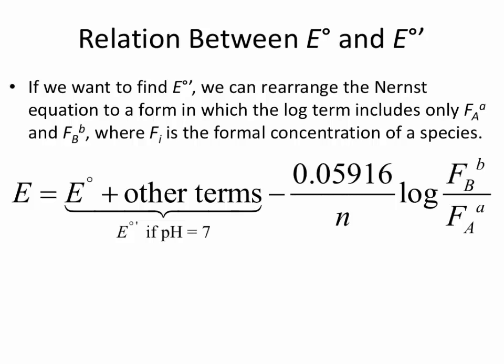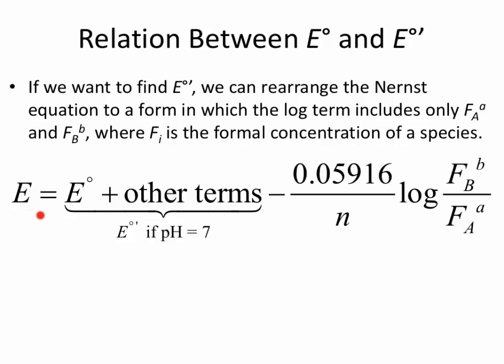Now if we want to find E0 prime, then we can rearrange the Nernst equation to a form in which the log term includes only this FA term and FB term, where F is the formal concentration of a species. So this FA term is the formal concentration of A, and this term is the formal concentration of B, and each of them are raised to the little a and little b powers, respectively.